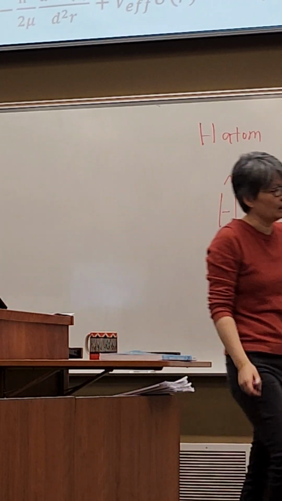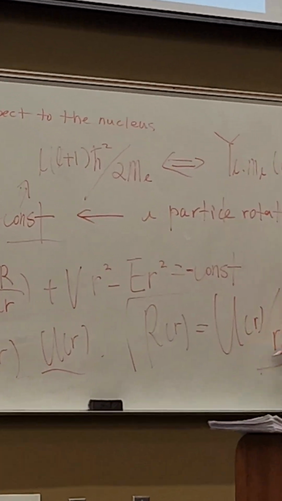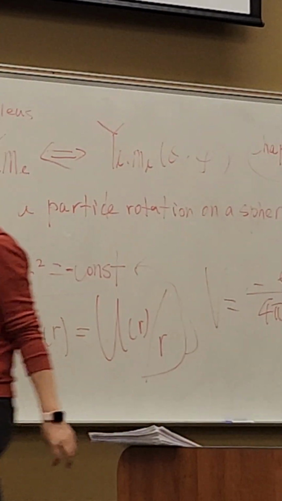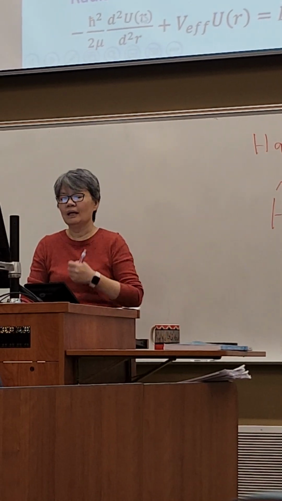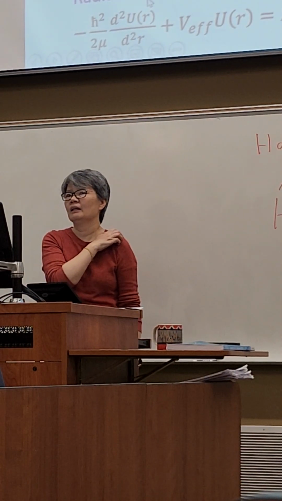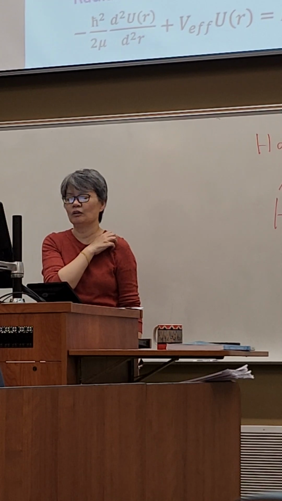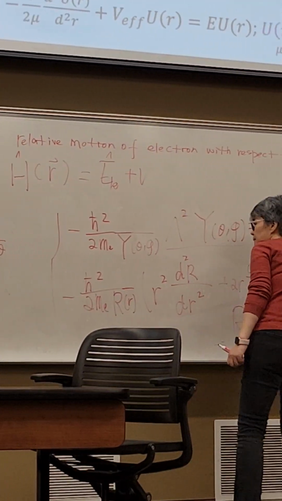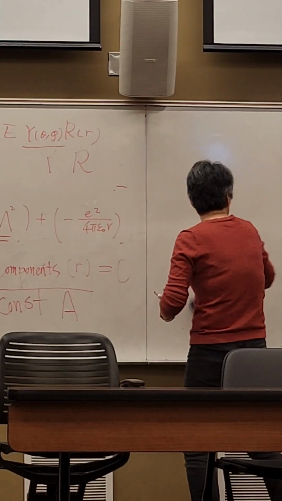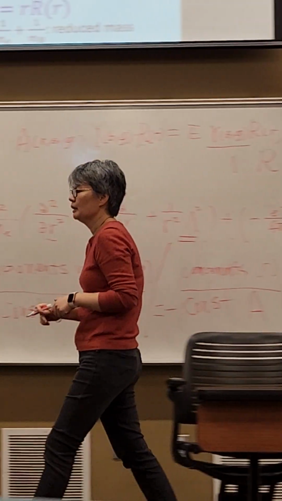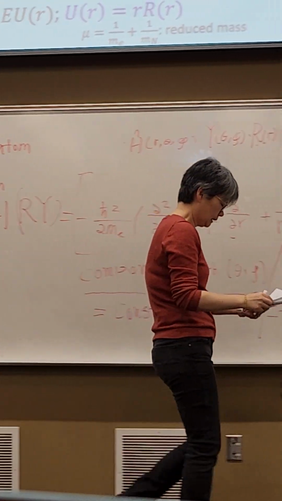And if you plug this into this one and manipulate it, you can see that the second component of the radial function in terms of U has a very simplified expression.